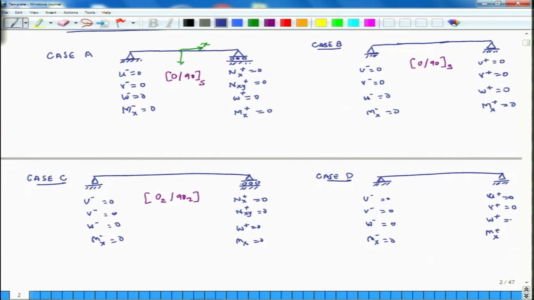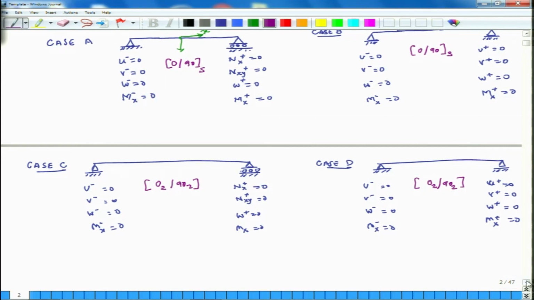And the only difference between D and B is that the lamination sequence for D is not symmetric. So, all the cases have 4 layers, but in 2 cases we have symmetric lamination sequence, and in the other 2 cases, case C and case D, the lamination sequence is not symmetric.